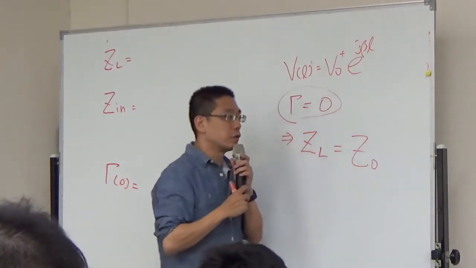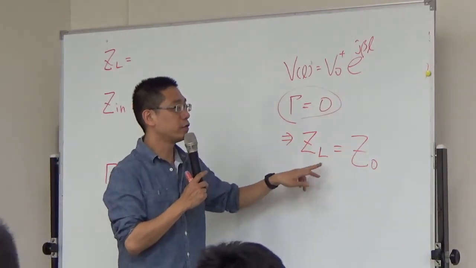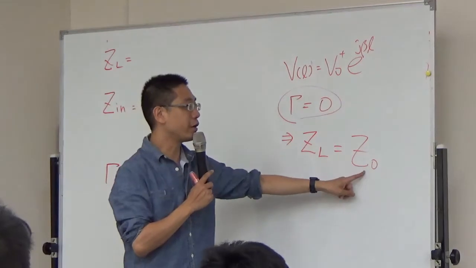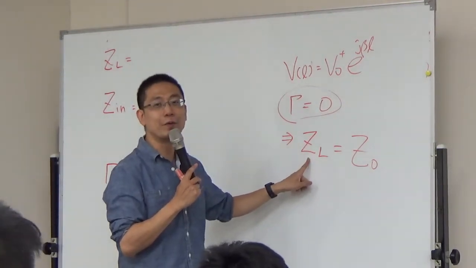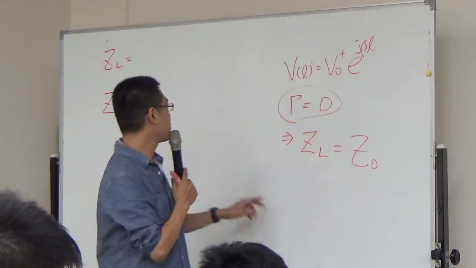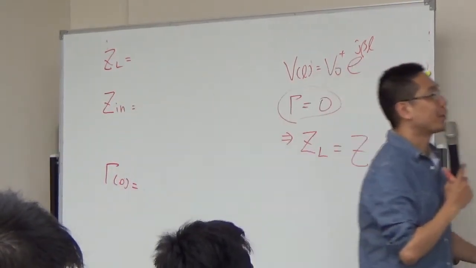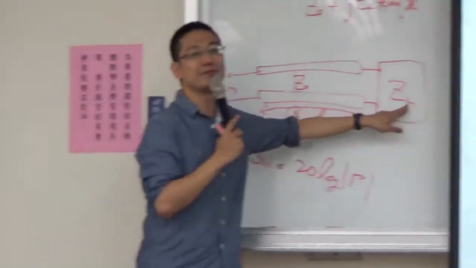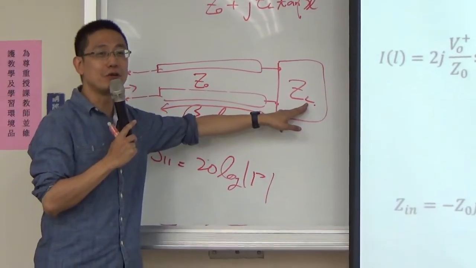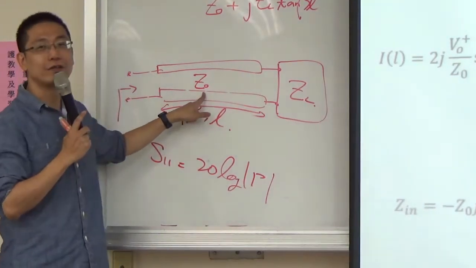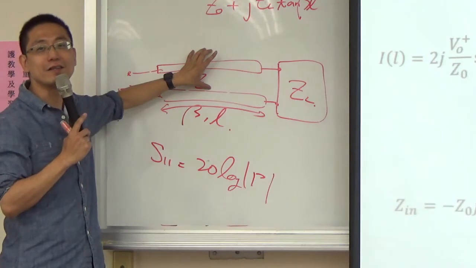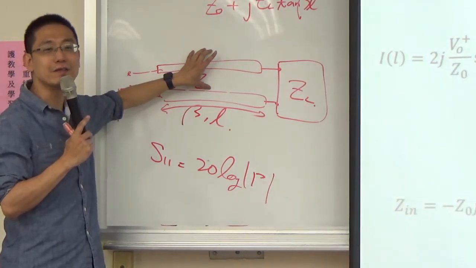So actually for this equation, you have two choices. You change this one, or you change this one. Usually you change your ZL. It depends on your case.